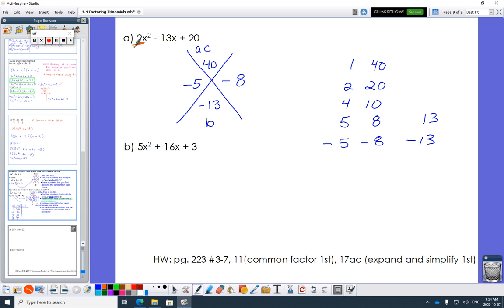A is 2, so you divide by 2. Can 5 over 2 be reduced? No. So this becomes a bracket. The only thing is the bottom goes first. So 2x minus 5.